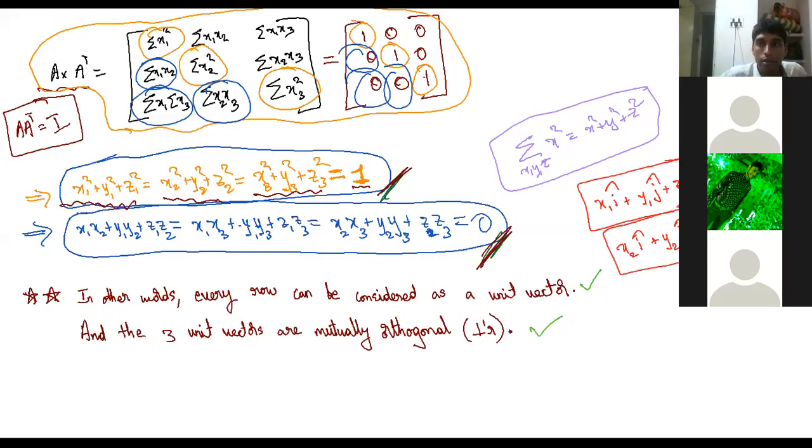Now this is a unit vector, this is a unit vector, and if you perform dot product between both of these, you actually get x1 x2 plus y1 y2 plus z1 z2, which is 0. है ना? So actually, all three of them are a set of mutually orthogonal unit vectors. मतलब you can represent it in that way.